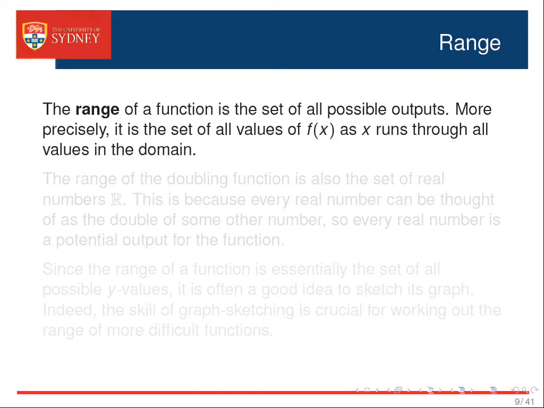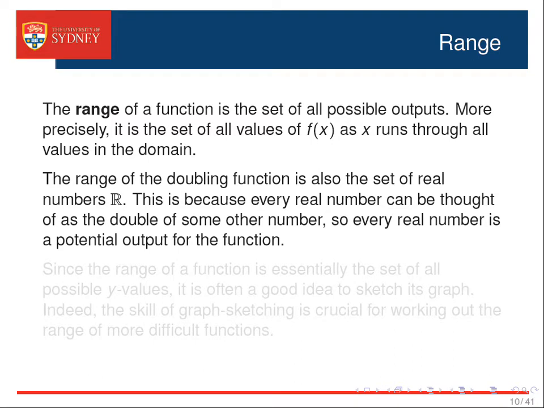The range of a function is the set of all possible outputs. More precisely, it's the set of all values of f of x, as x runs through all values in the domain. We claim that the range of our doubling function is also the set of real numbers.